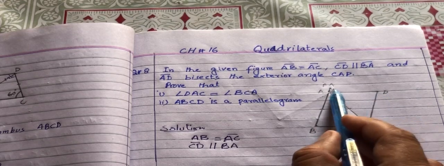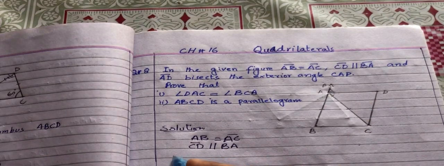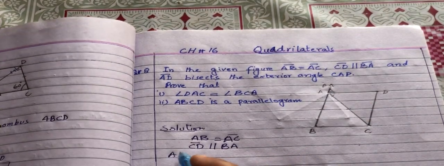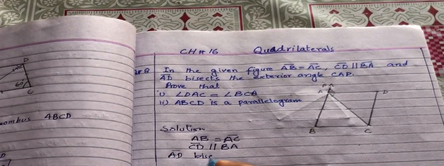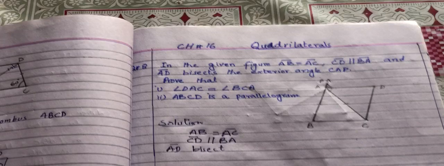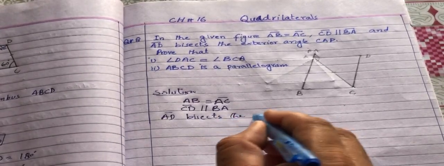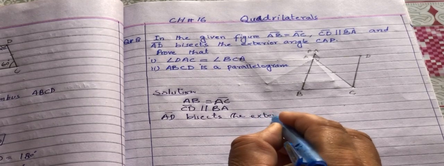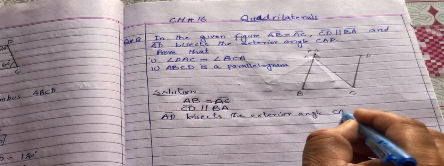It means these two angles are equal to each other. So AD bisects the exterior angle CAP.